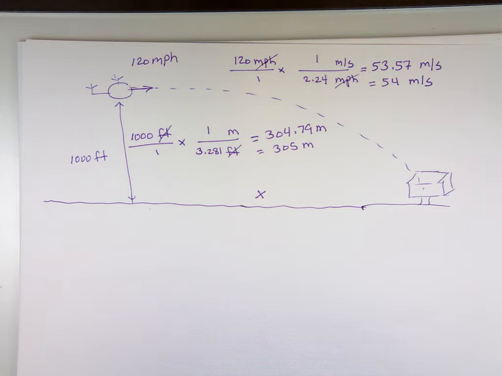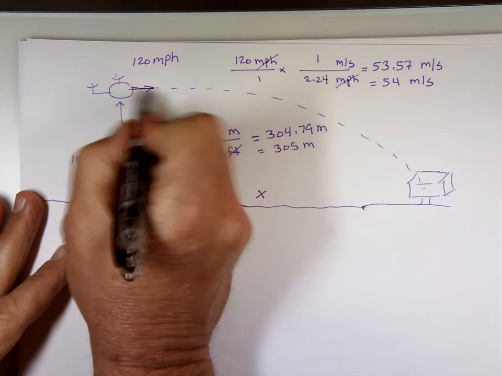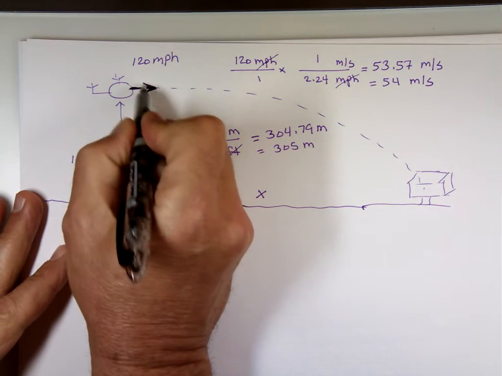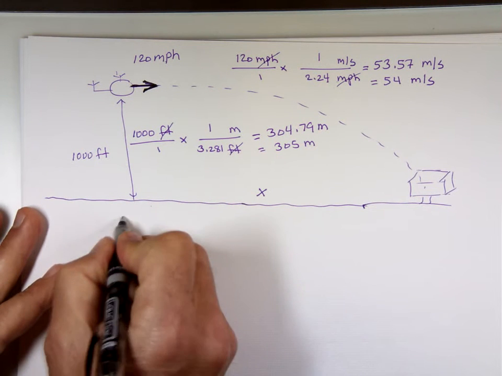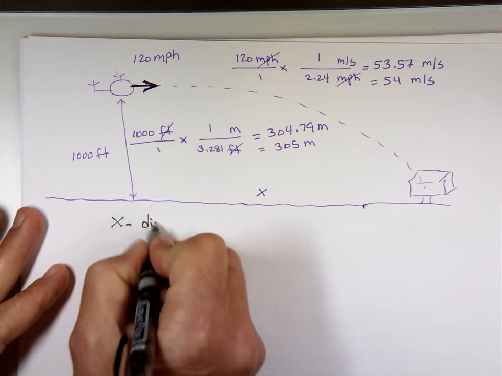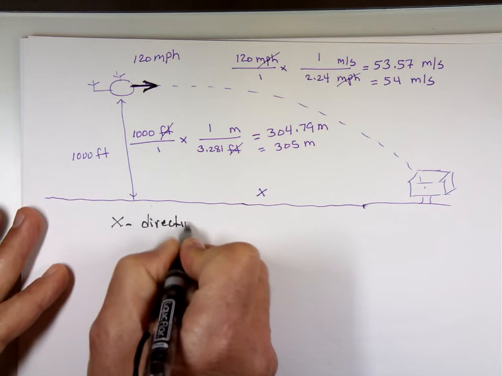Again, it's a projectile. The helicopter was flying horizontally. Again, I'm doing the same example. In a few minutes, I'll change it. So here's the x direction. And there's the y direction.